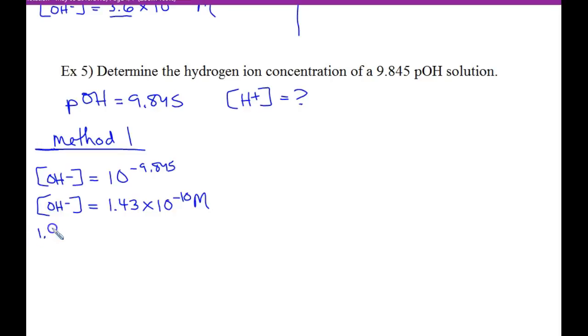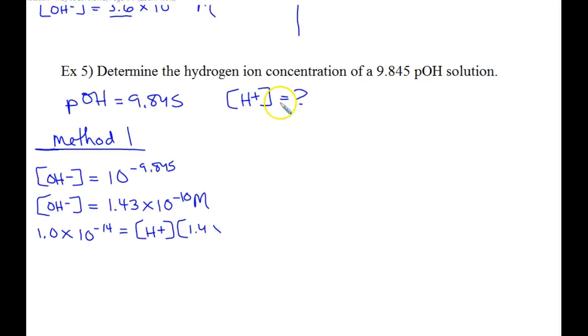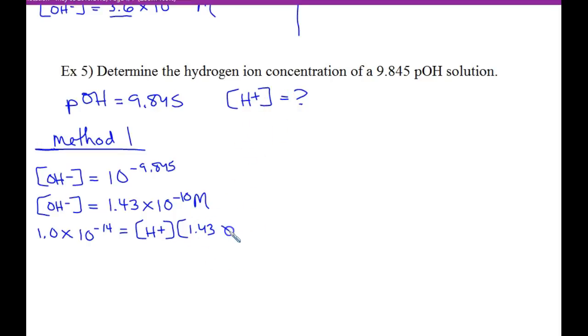And then we can use that Kw expression, that relationship, to solve for our missing hydrogen ion concentration. Oop, left off my 3. So then we're going to divide both sides of that equation by 1.43 times 10 to the negative 10.